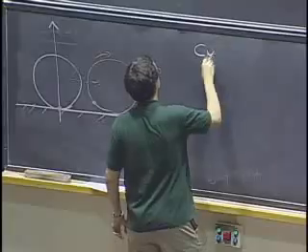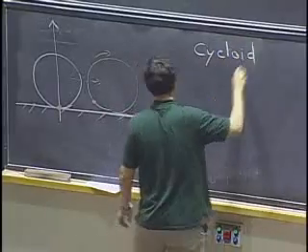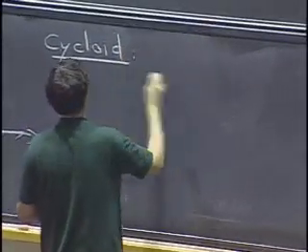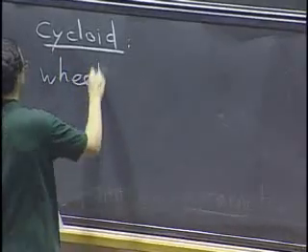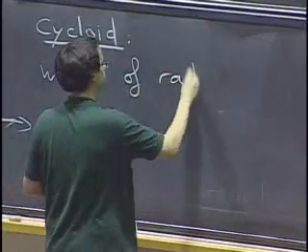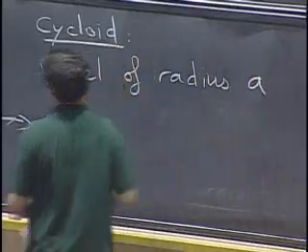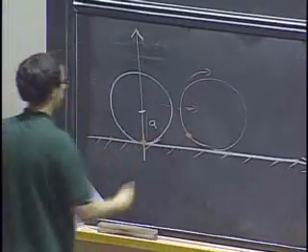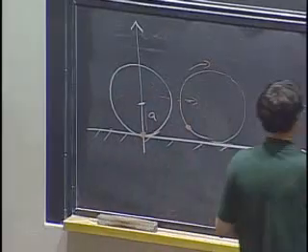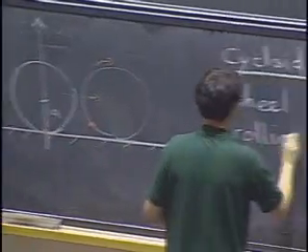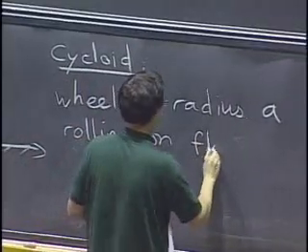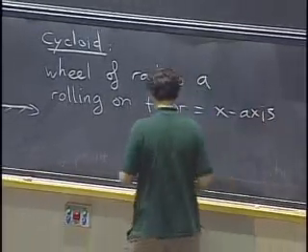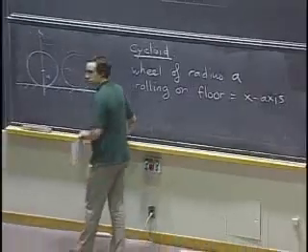Okay, so the cycloid is obtained by considering a wheel, let's say of radius a. So this height here is a, rolling on a floor, which is the x-axis.